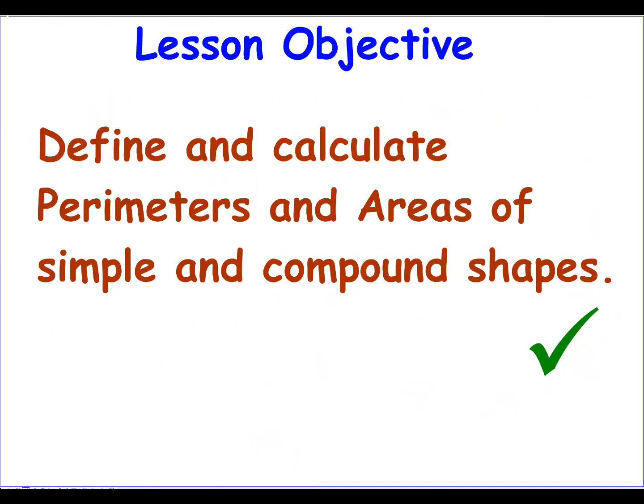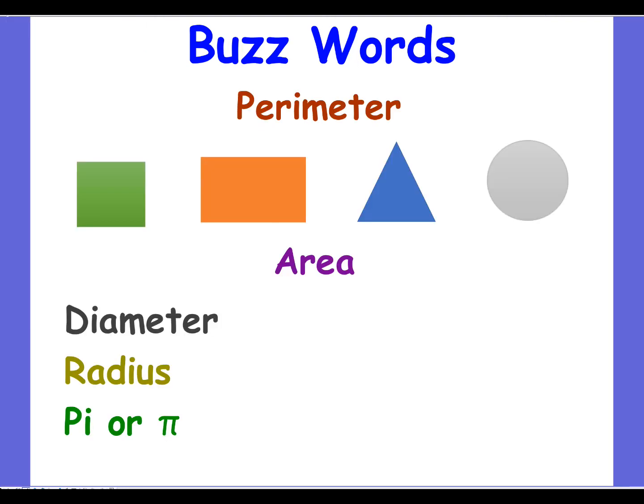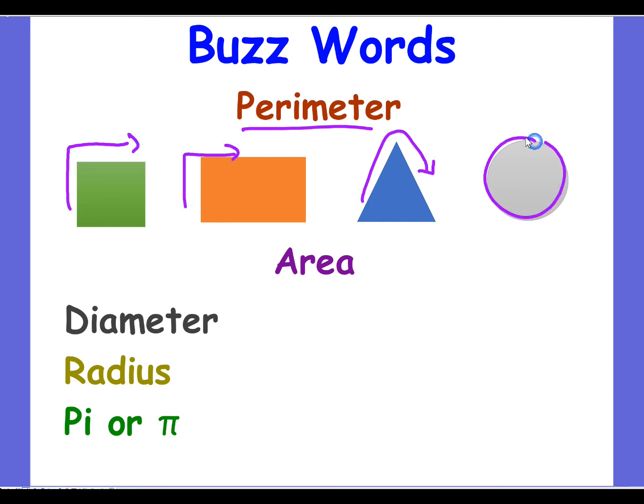And that completes this video on defining and calculating perimeters and areas of simple and compound shapes. So for the perimeter of a basic shape, it's the distance around the outside. For a circle, you need to remember that that distance is called the circumference, and it's equal to pi times the diameter.